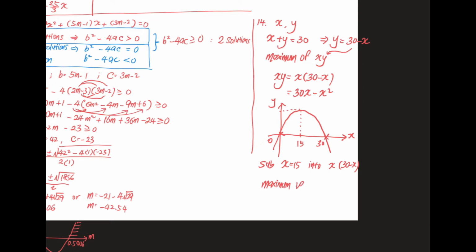Okay, I write down first the maximum value is equal to 15 times 30 minus 15, which is 15 times 15. So we have 15 squared here, so at the end 225. 225 is the maximum value. Okay, so we finish all the questions there.